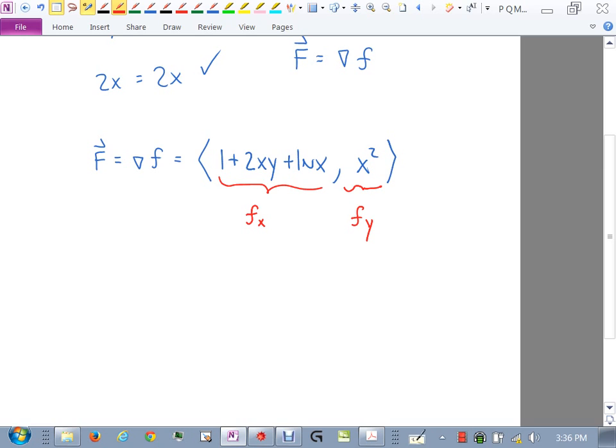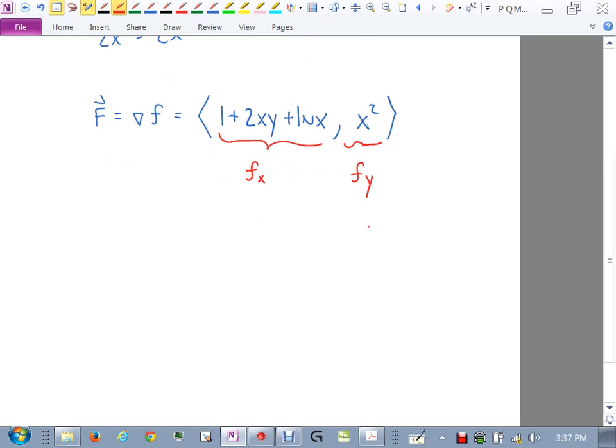Do you agree with that? I don't know what little f is yet, but I know that this part came from taking the partial of that little f with respect to x. And this came from taking the partial of little f with respect to y. Yay or nay? Yay? Okay.